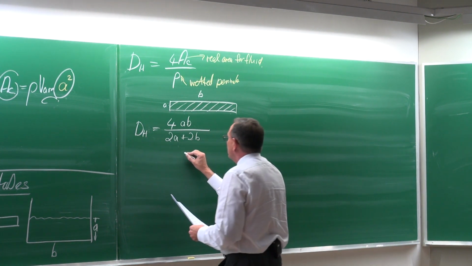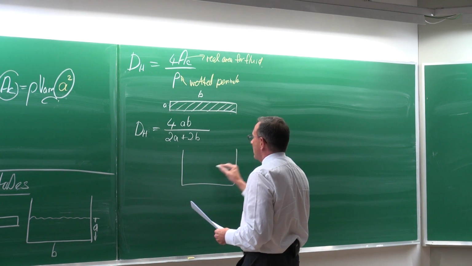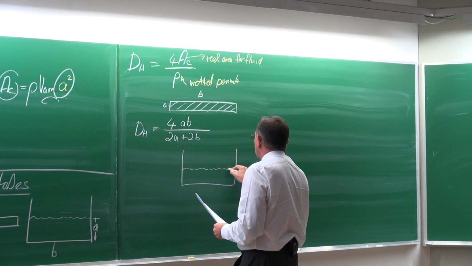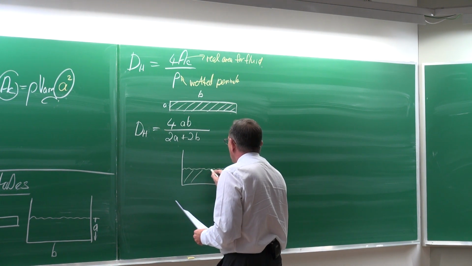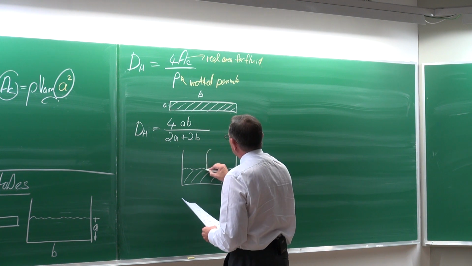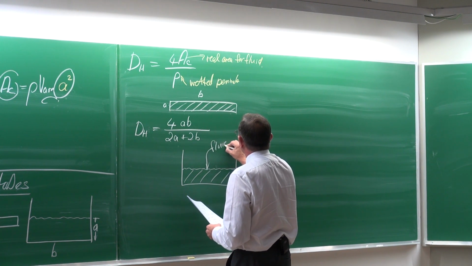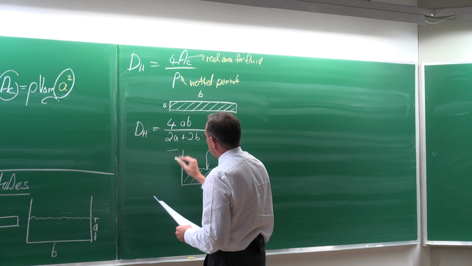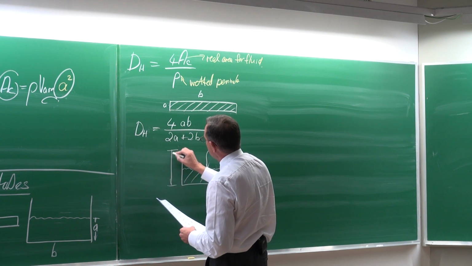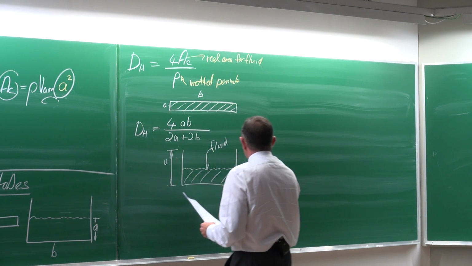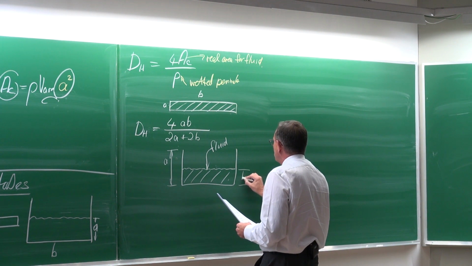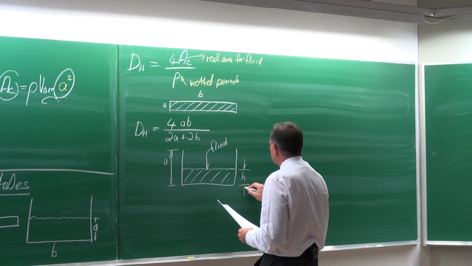Now the other one is the one where we've got a fluid in a channel. So that's the fluid. Let's call that distance A. And that distance we call H, the height of the fluid.